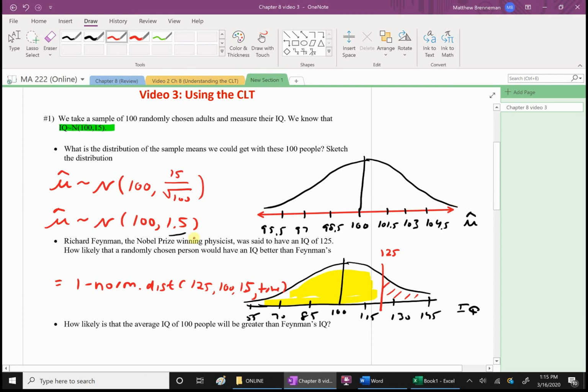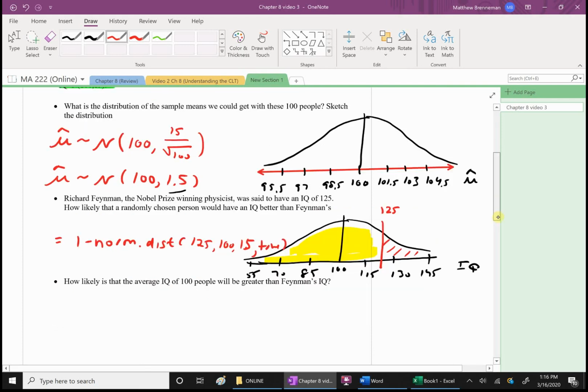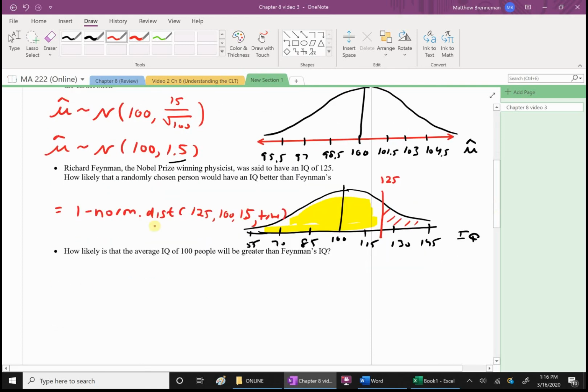So here the mean is the same, but the standard deviation is 1.5. Notice that the answer is going to be incredibly small. This 3 standard deviation window only goes out 4.5. So if I want to compute this value, I'm going to use this distribution with this mean and this standard deviation. And what we're going to find is that the answer is going to basically be 0 because the answer is so small.